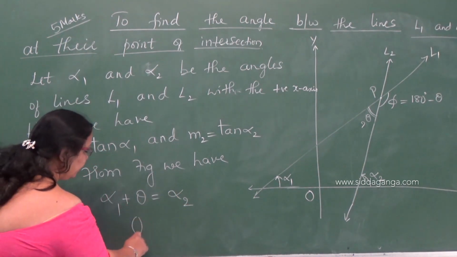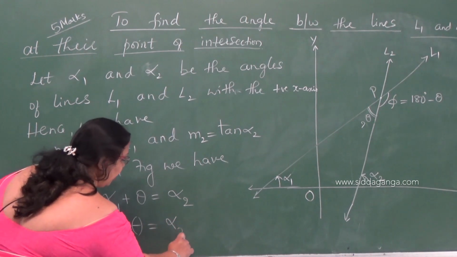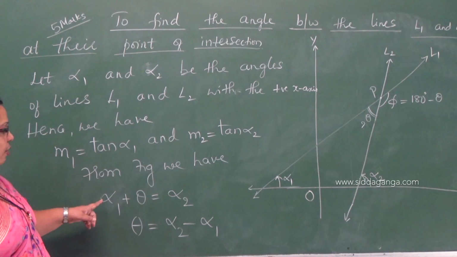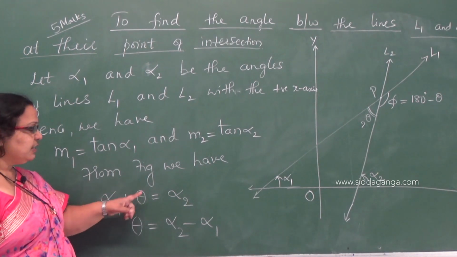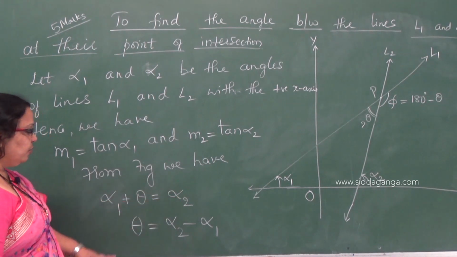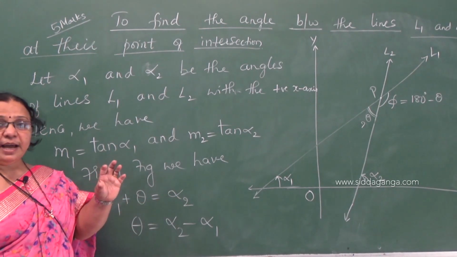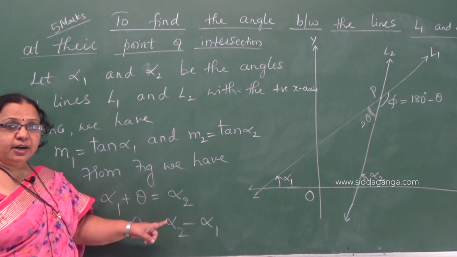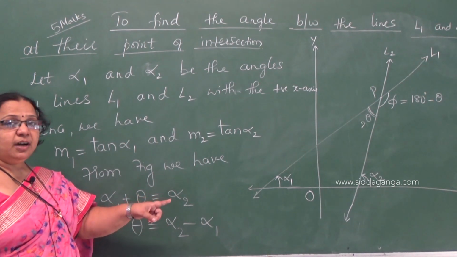So therefore, theta equal to alpha 2 minus alpha 1.